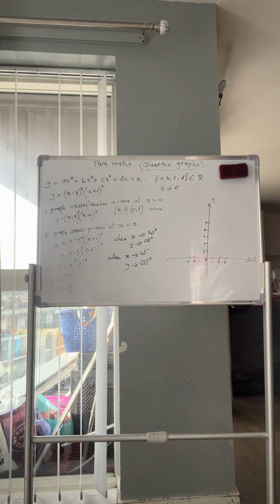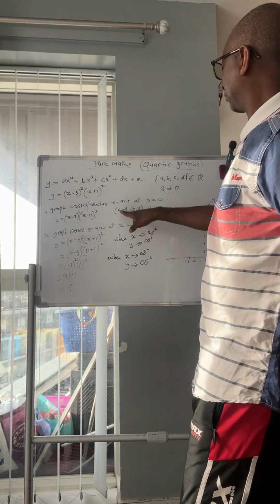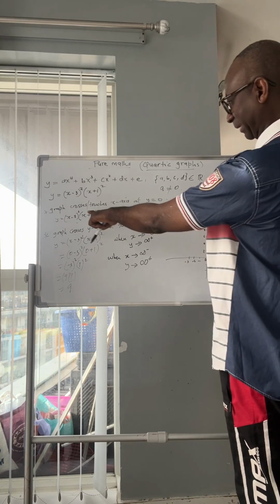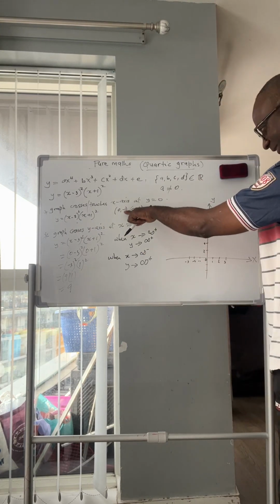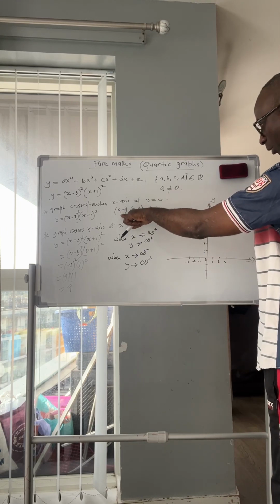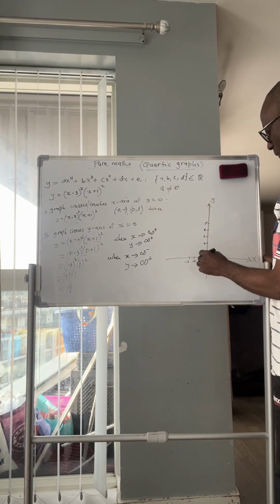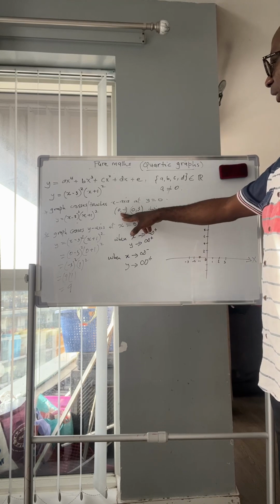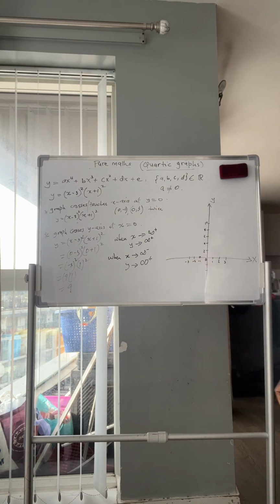So we have minus 1 twice. It crosses the x-axis at 0, minus 1 twice. So 0, minus 1 twice is here. So what does that mean when you have this value here appearing here twice? It means the graph doesn't cross the x-axis.